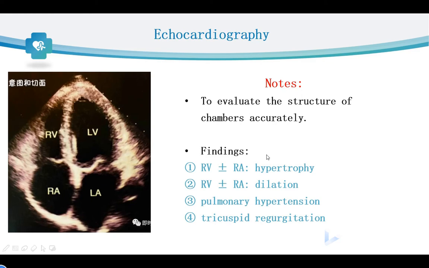Later, we will learn about the radiologic examination for the cor pulmonale. We can also find some abnormal change of the structure of the heart during the radiologic examination, but we cannot confirm the structural abnormality of the chambers.